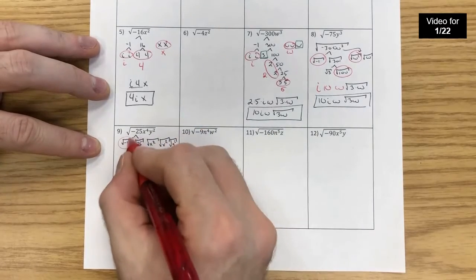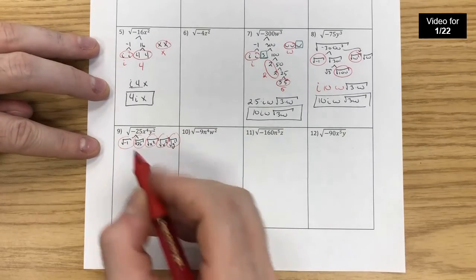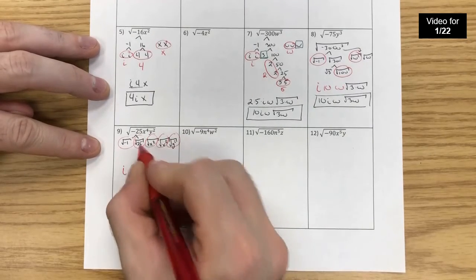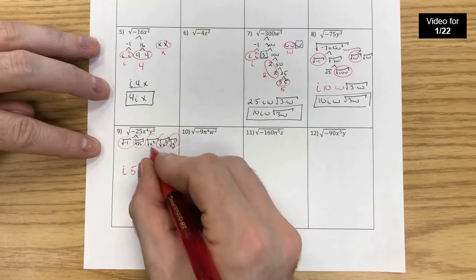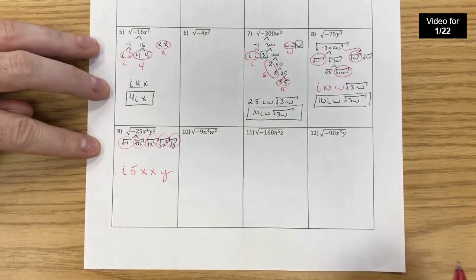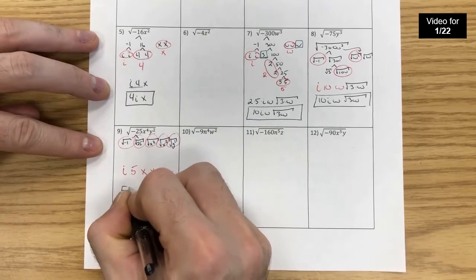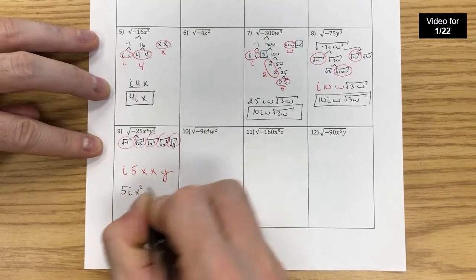All of which, 1, 2, 3, 4, and 5, I can root. Square root of negative 1 is I. Square root of 25 is 5. Square root of x squared is x, x, and y. If I reorganize that, I have a 5ix squared y.